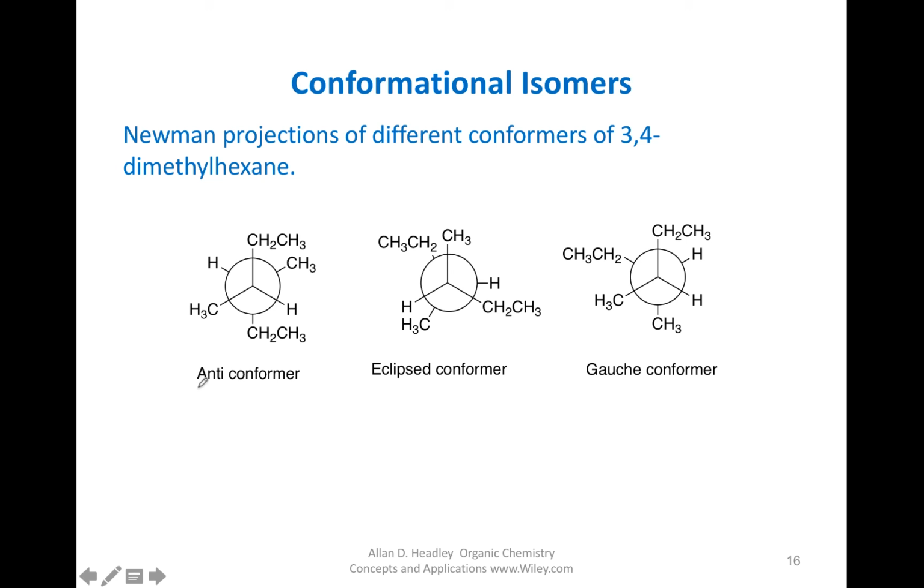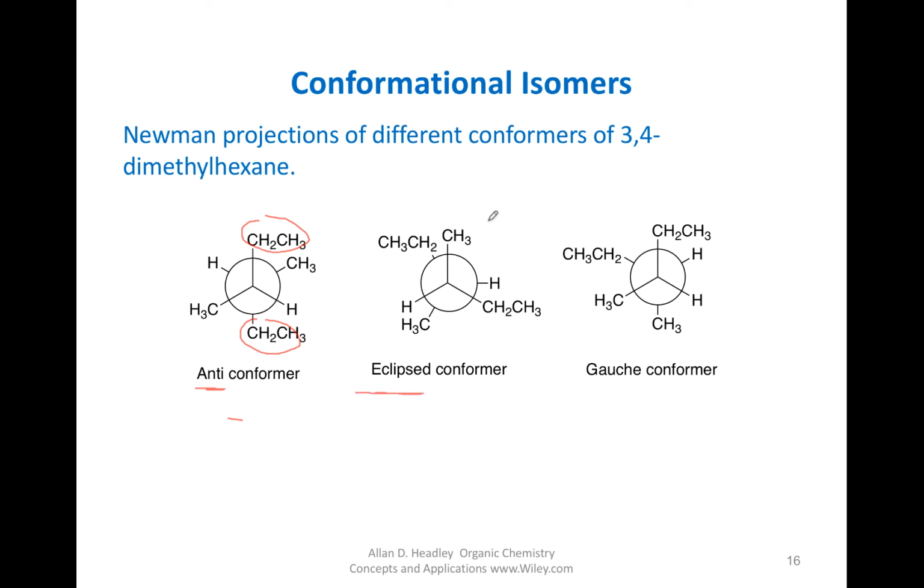These are all conformers of this molecule that has the same molecular formula, but we're rotating about a carbon-carbon single bond. This is the anti-conformer, because as you can see, these groups are right across from each other, and this is the Newman projection of the anti-conformer.